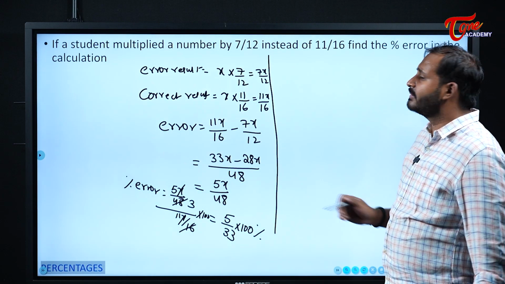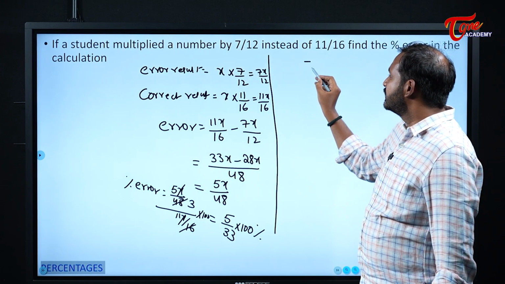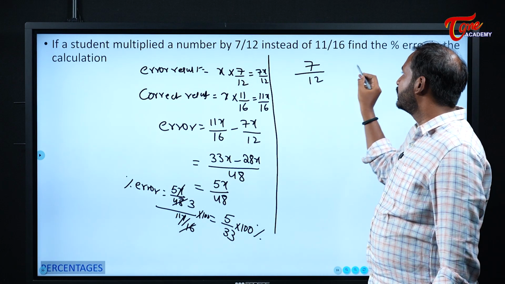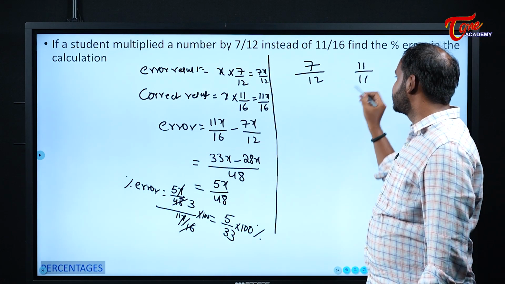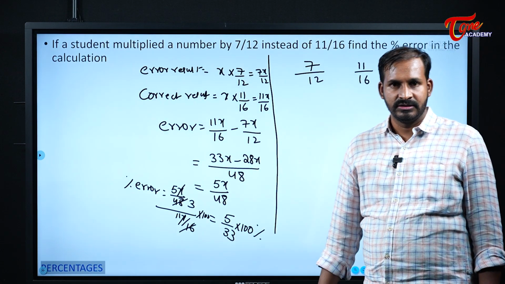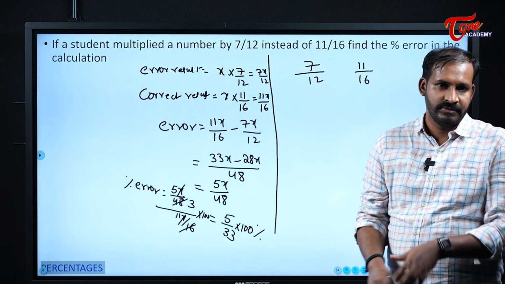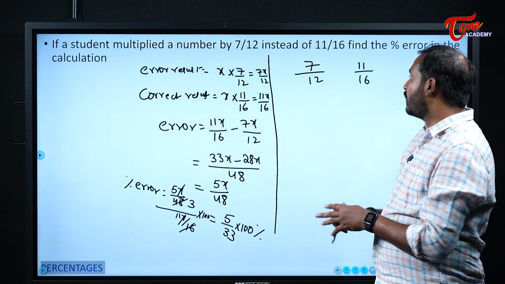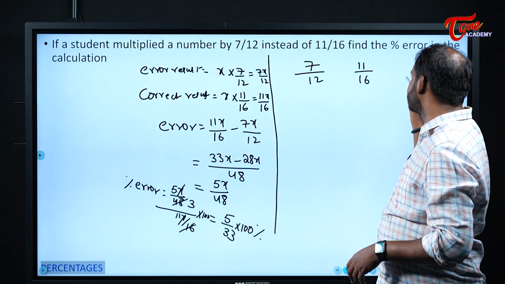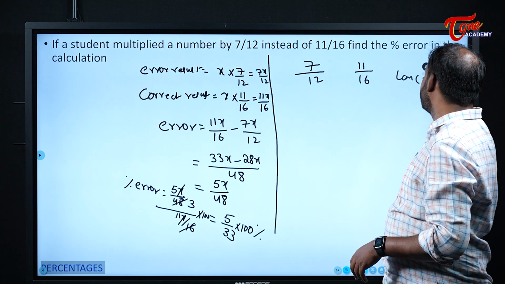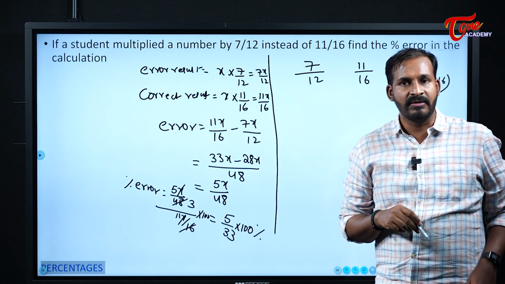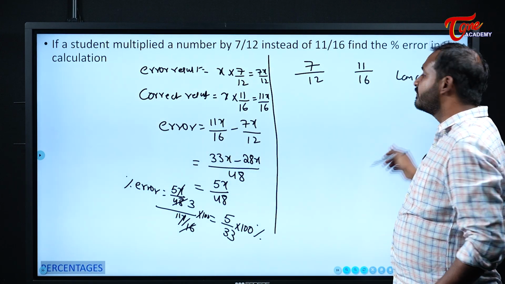But what is the shortcut method? See here, he multiplied with 7 by 12 and he multiplied with 11 by 16. To make the bases equal, find the LCM of 12 and 16.